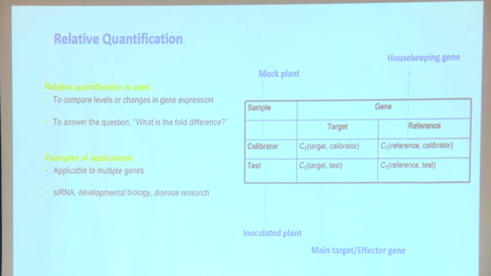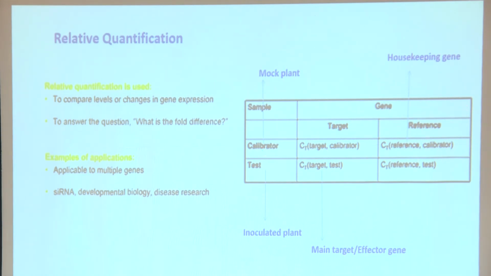In all your pathology experiments and microbiology experiments, what are you going to do? In pathology experiments, you will be inoculating the plant with a pathogen. In microbiology, you will be inoculating the plant with microorganisms. And necessarily, you have to keep one control, which is not inoculated with the pathogen or the microbe. So, that is called the calibrator.